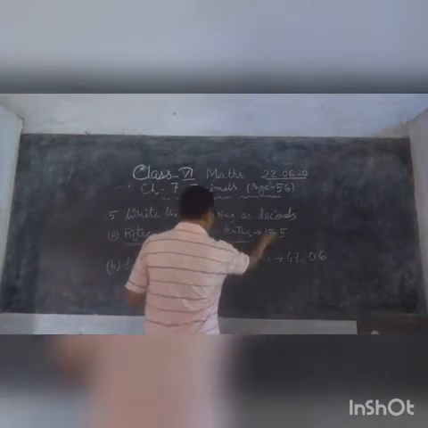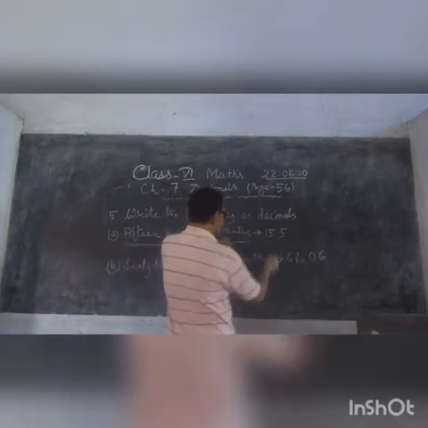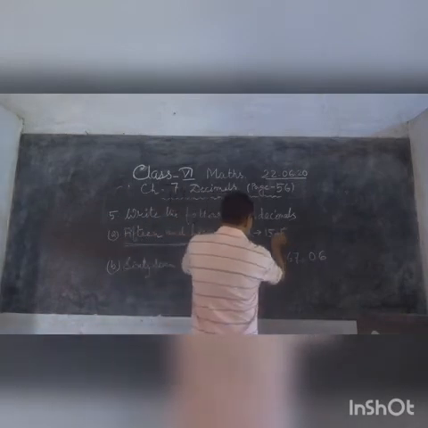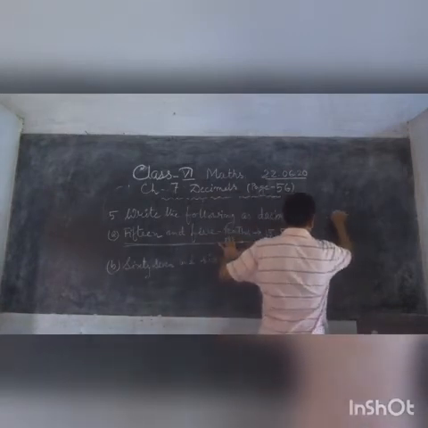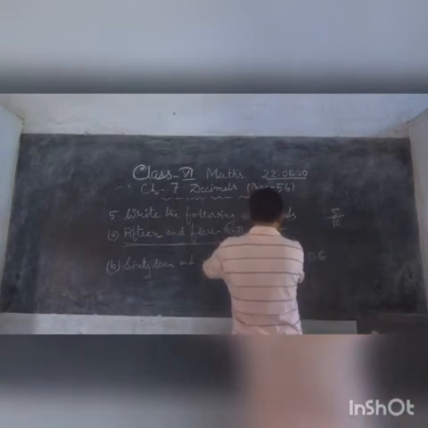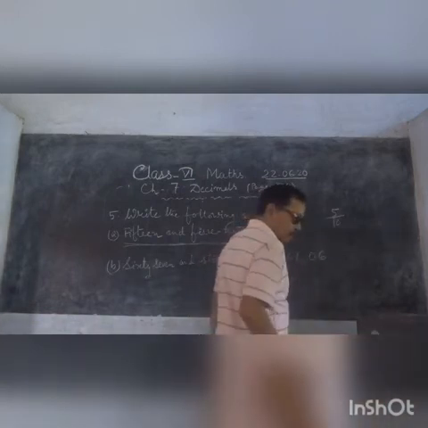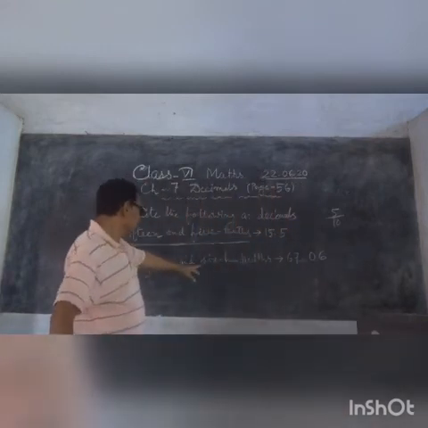So write the whole number 15 first and then 5 tenths. That is 0.5. 5 tenths is 5 by 10. So it will be 0.5.